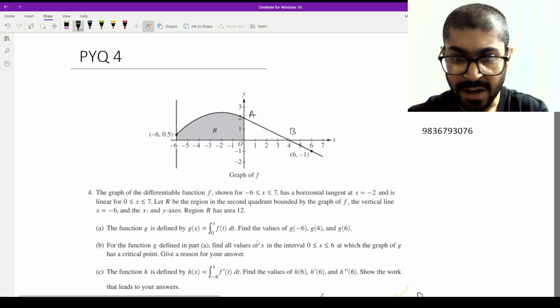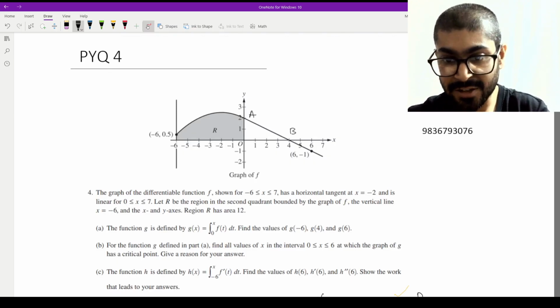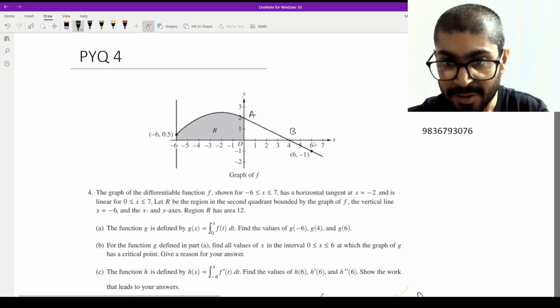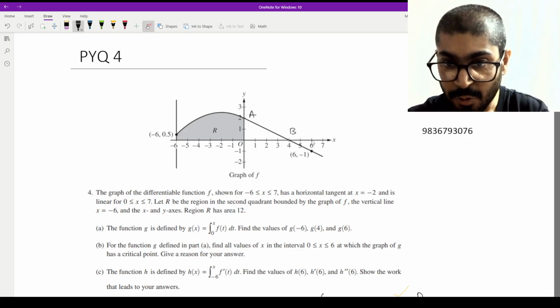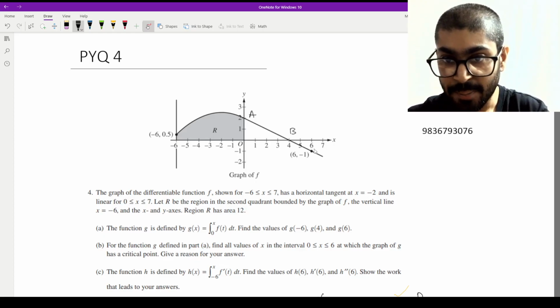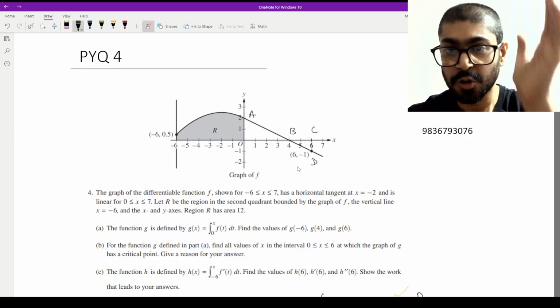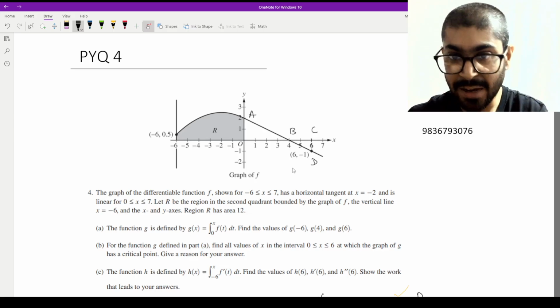Fine. Now we have to calculate g of 6. Now for g of 6, here the linear function goes below the x-axis, right? So we would have to not only calculate the area of AOB, but also the area of this triangle. Let us name it as C and let us name this point as D. So AOB, and then we have to adjust the area by BDC.